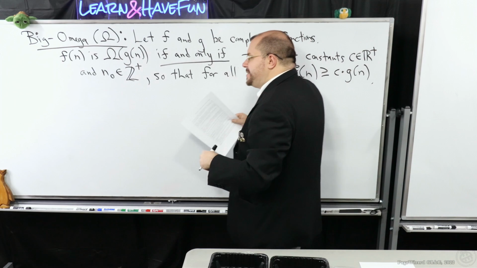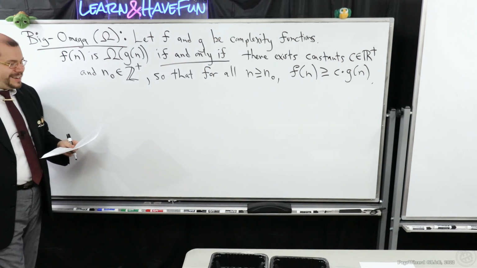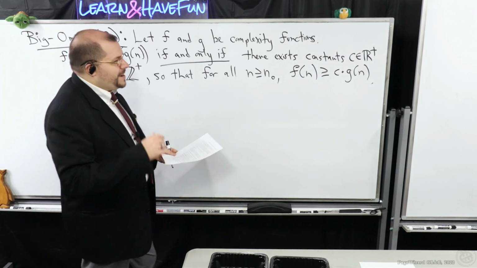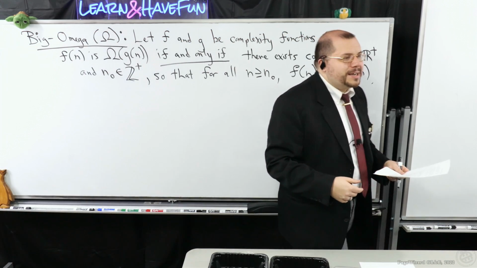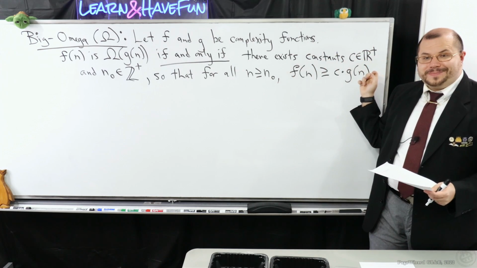Does anything in this stick out to you like a sore thumb versus the big O definition? So this is the definition of big omega. If I say f is big omega of g, it has to satisfy this condition.